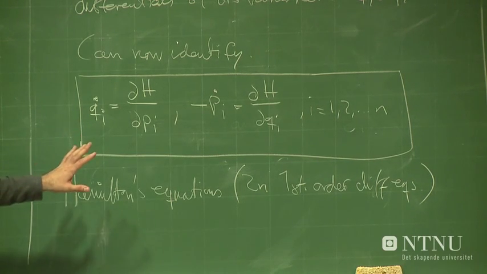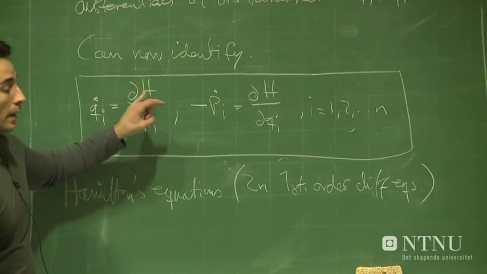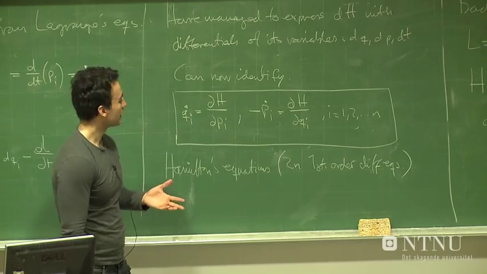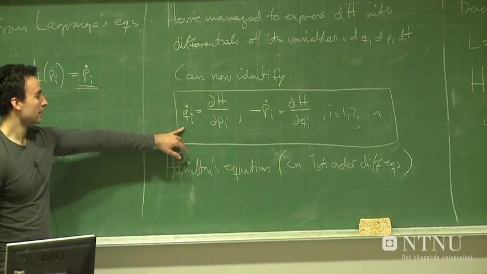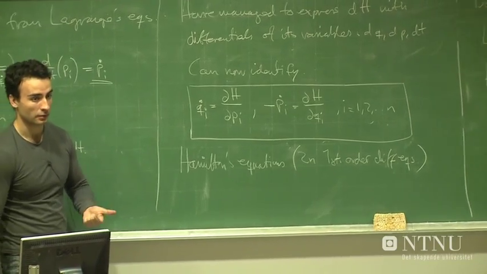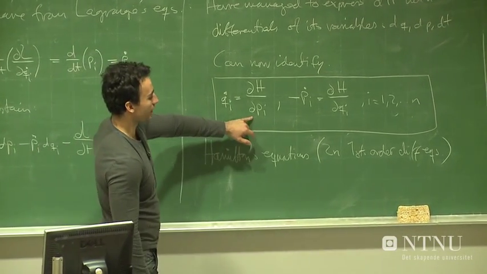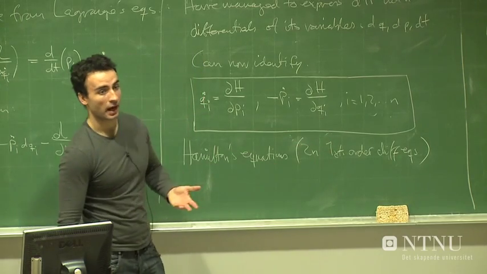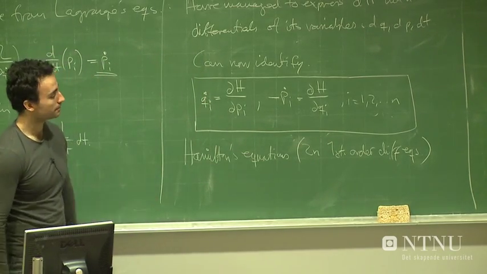Given that you know H, the Hamiltonian, the energy function of your system, you can now obtain the time derivative of both the generalized coordinates and the canonical momentum by deriving it with respect to p and q. And this tells you how the system will evolve.